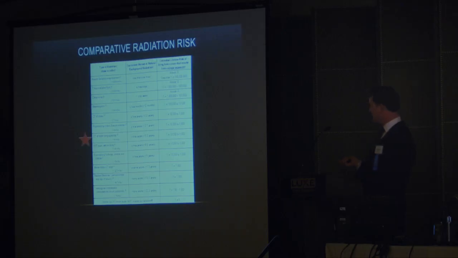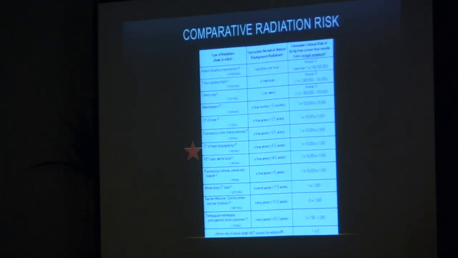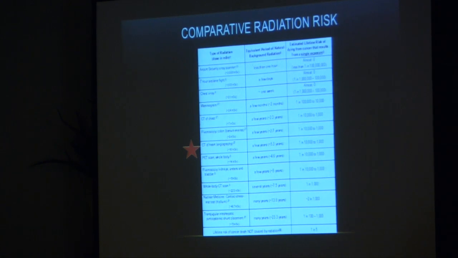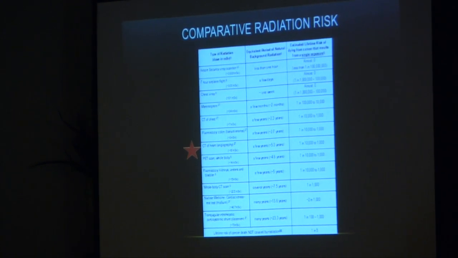This is where a 10 millisievert CT coronary comes in. But if you drop that to 1 millisievert, it comes in way up here, just above the level of mammography and about 100 chest x-rays, which people would say is a very reasonable thing.